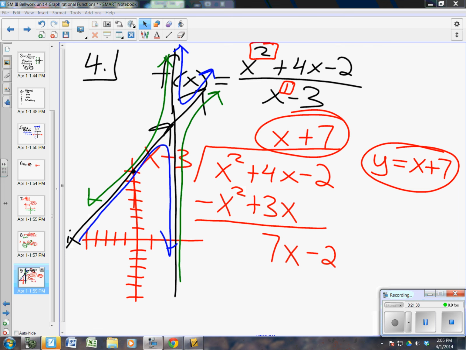Holy cow, I think you put something wrong in here. X squared minus, oh, you put a minus instead of plus. Yeah, it's the blue part, you guys, on here.